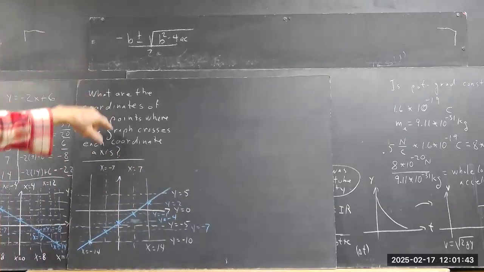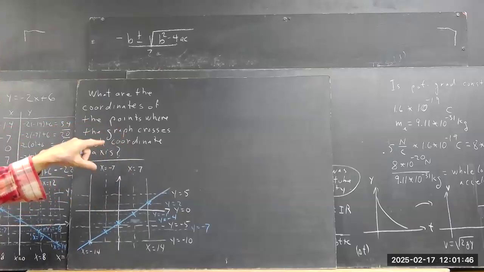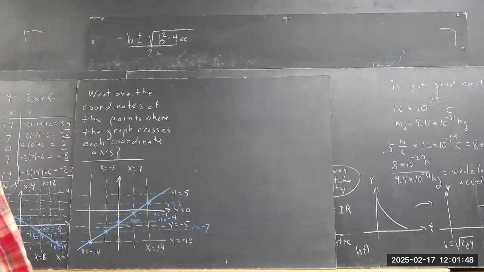What are the coordinates of the points where the graph crosses each coordinate axis?